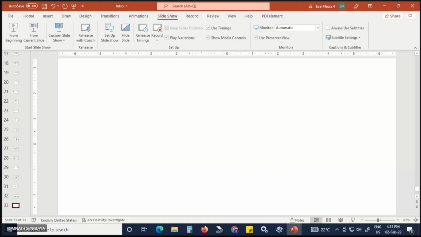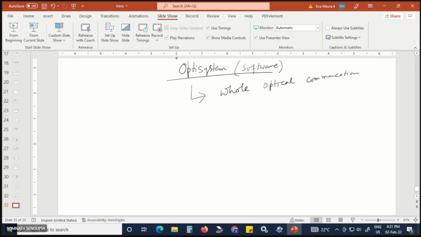Here, the whole of optical communication techniques can be simulated using this software.